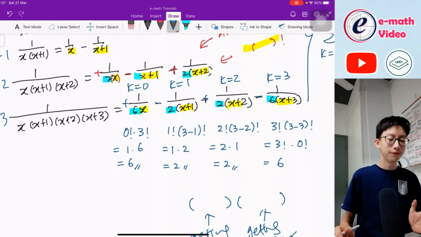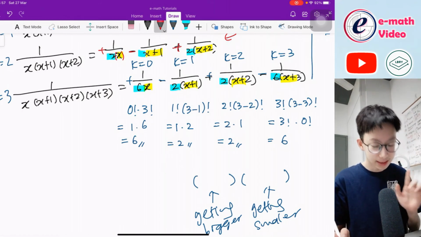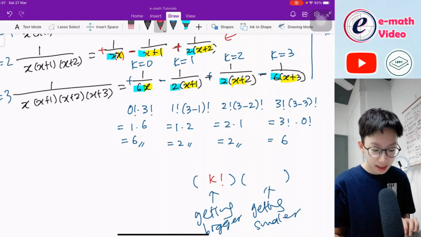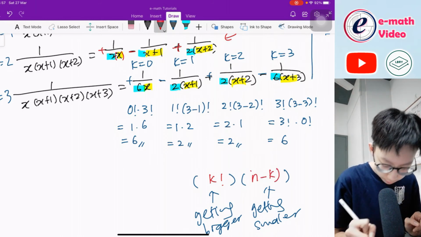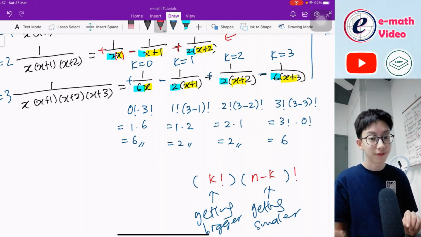So from here, we can obviously see the pattern of it. It is actually k factorial times n minus k factorial.